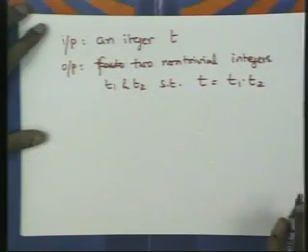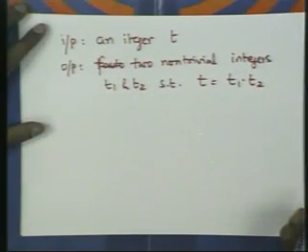So the output is factors, let's say two non-trivial integers t1 and t2 such that t equals t1 times t2. So you want to find factors of t. Now this is a search question, it's not a decision question.